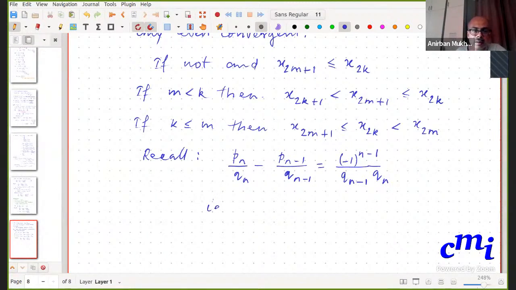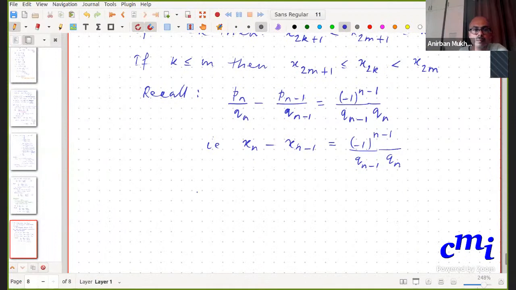So that is, in our notation, xn minus xn minus 1 is minus 1 to the n minus 1 by Qn minus 1 Qn.